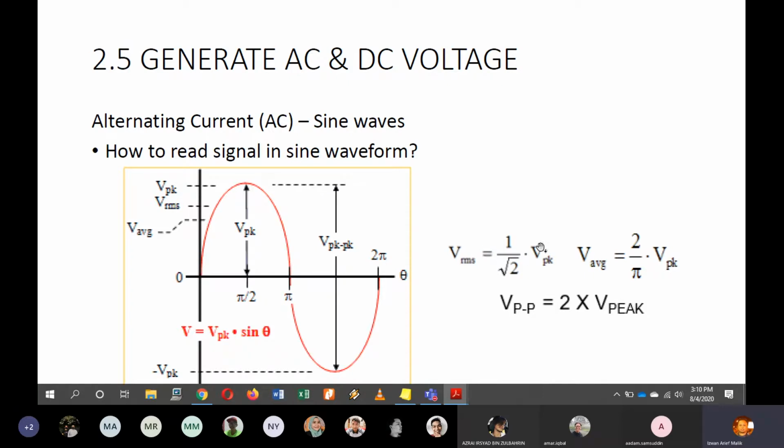You times that with 10, the value will be 7.07 volt. Alright, so that is the value for VRMS. So there are four different values that you can obtain: V peak, V peak to peak, V average, and VRMS.